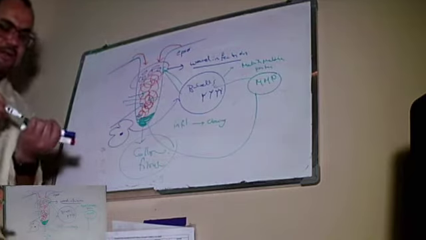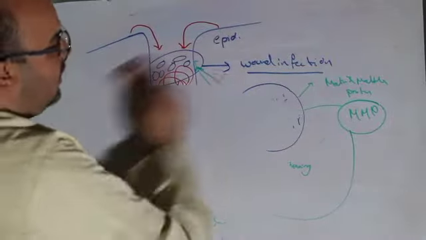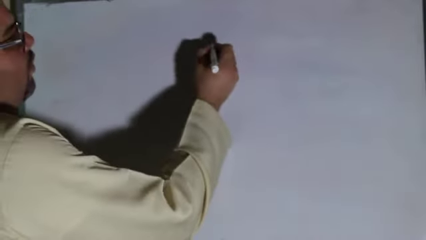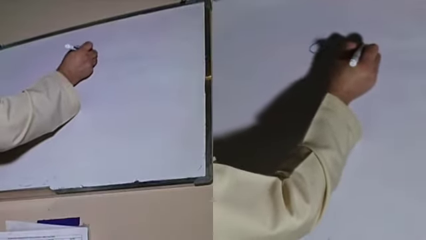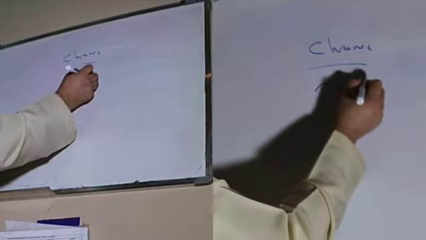So, apart from the chronic wounds, of which the pressure ulcer is an example, and this is our concern, the characteristic of chronic wounds is having high MMPs.